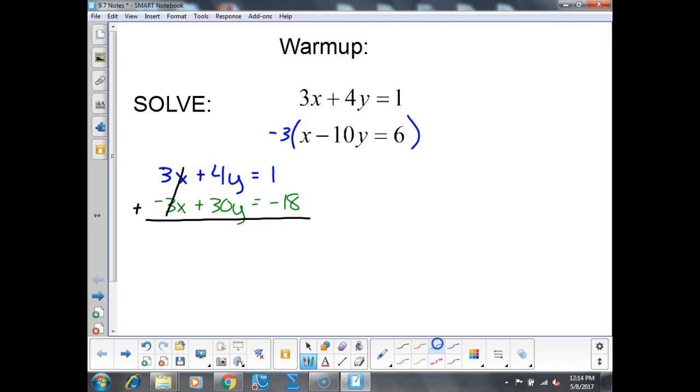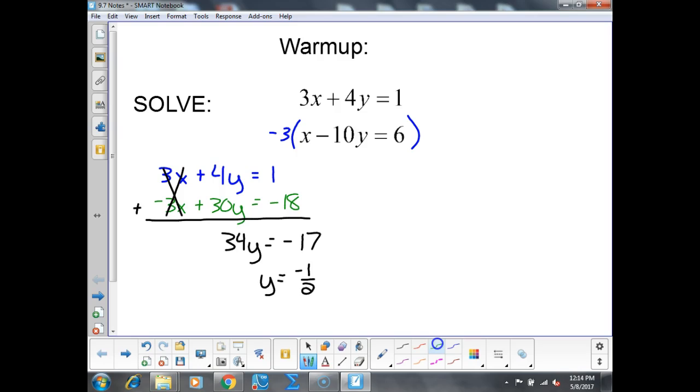My x's go away. That gives me 34y equals -17. So divide by, not by -17, divide by 34. Y gives me -1/2. Am I done? Plug into either one of them, right?